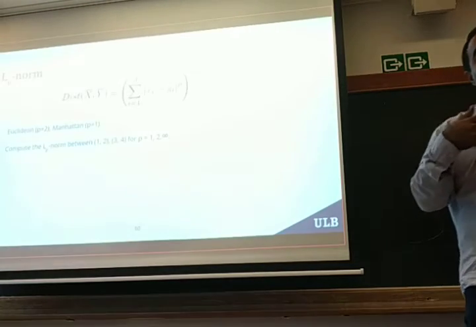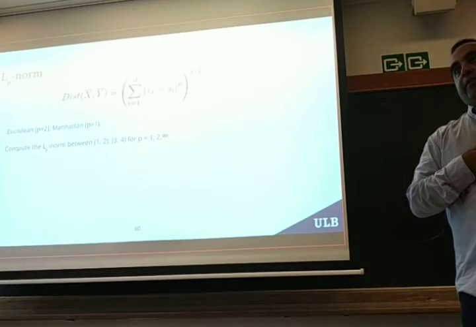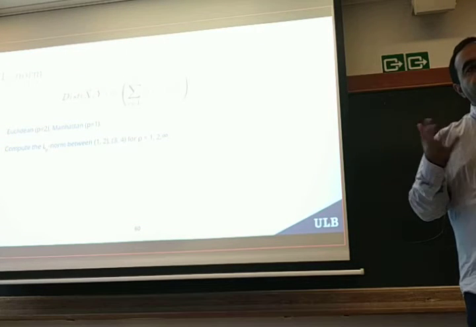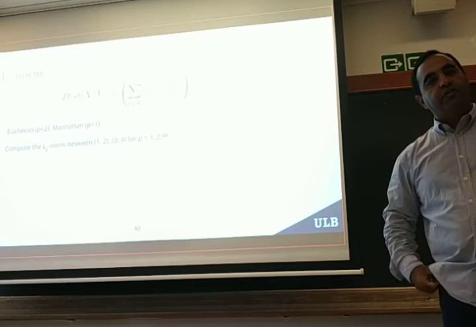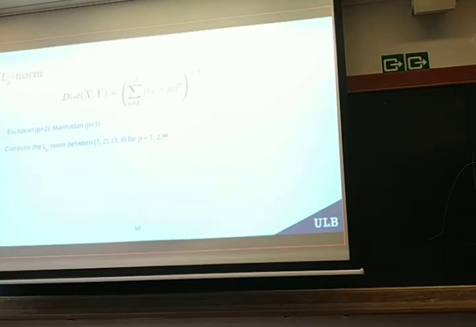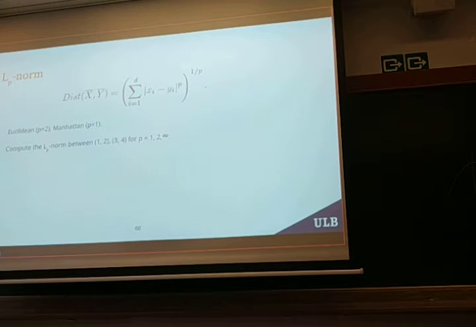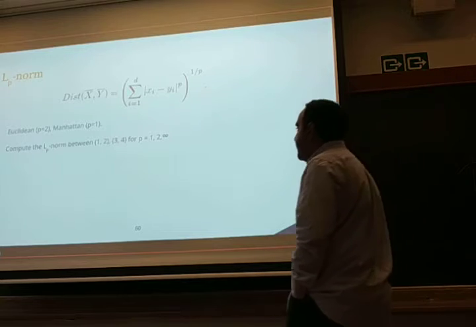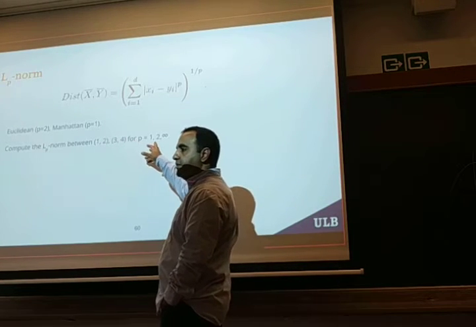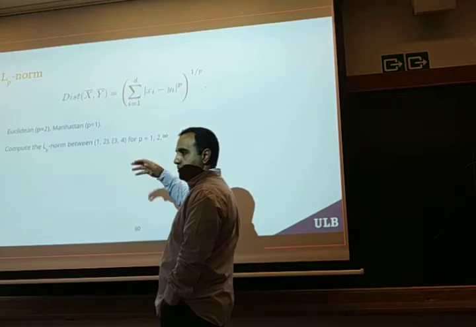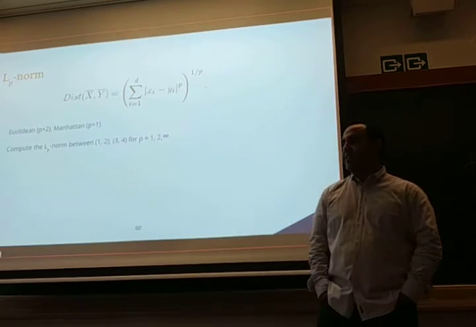And they have conventions for which kind of applications we use which of them. When you do p equal 1, you are computing Manhattan. So compute it first and then use. So that's three exercises.